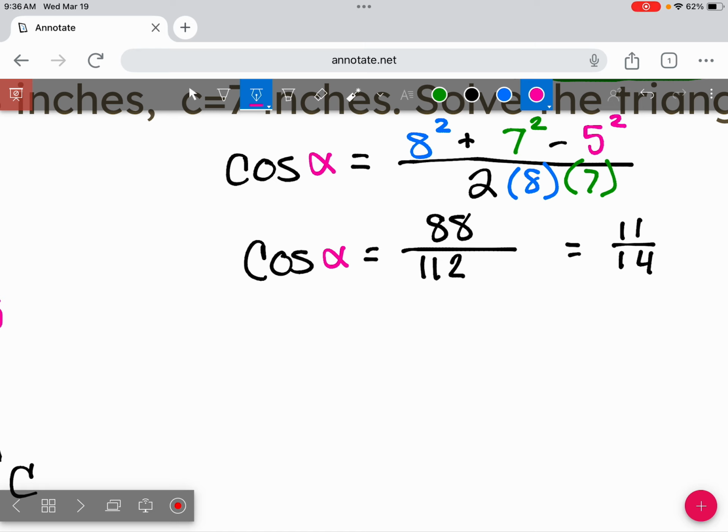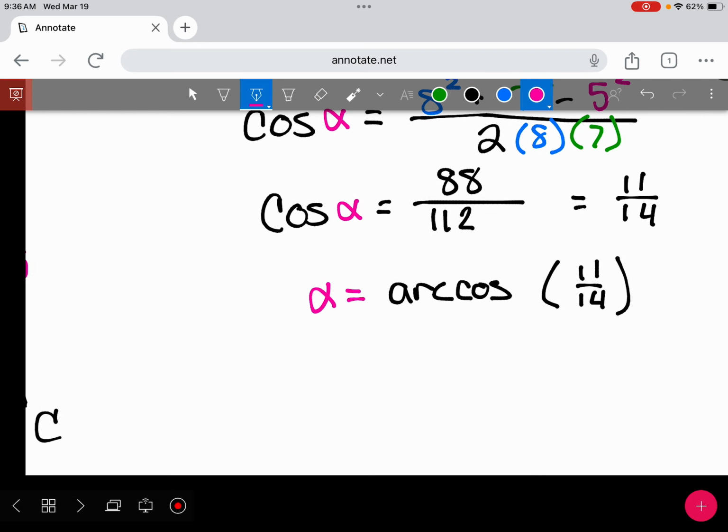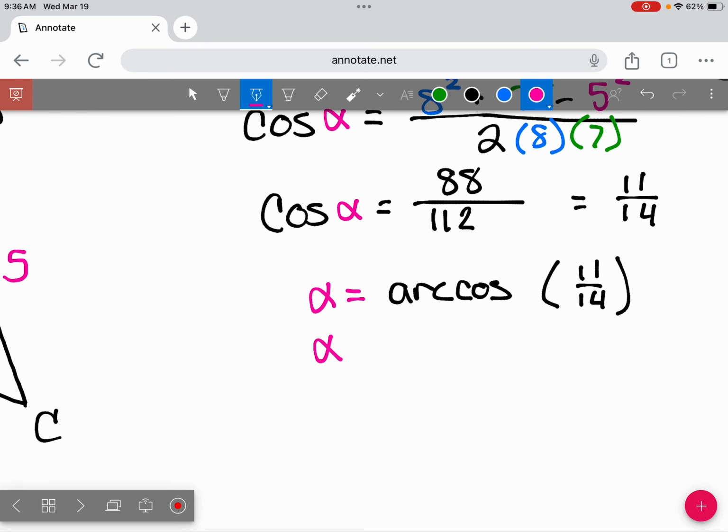So to find alpha, we are going to use our inverse cosine. So we're going to use our arc cosine of our 88 over 112 or of our 11 over 14. Either one. What do we get for our measurement of alpha? 38.2.